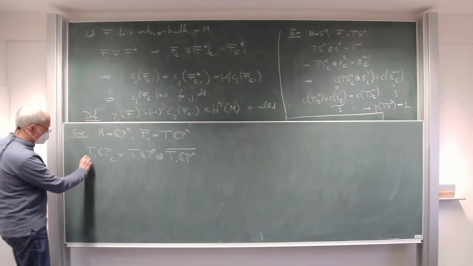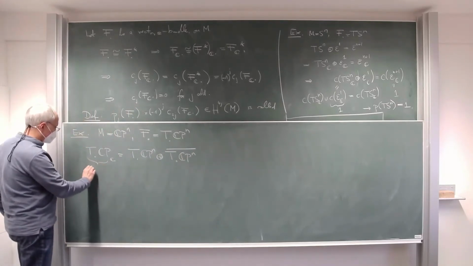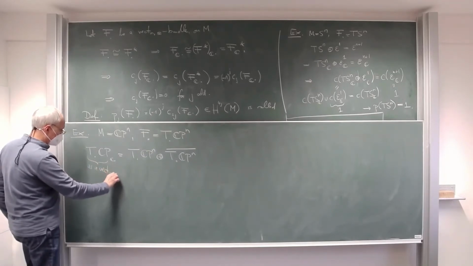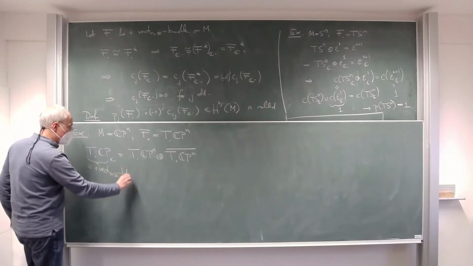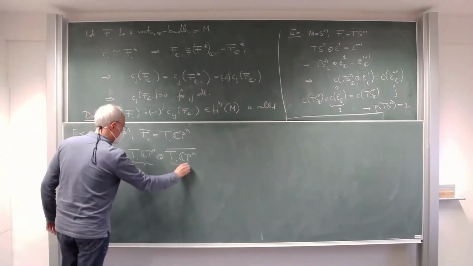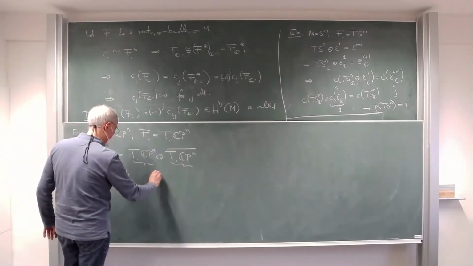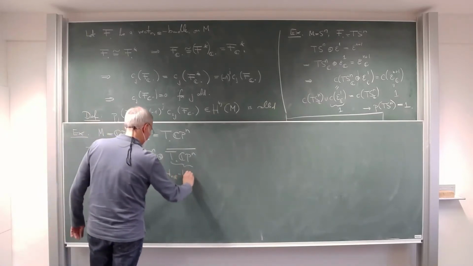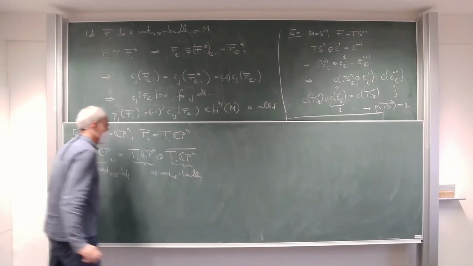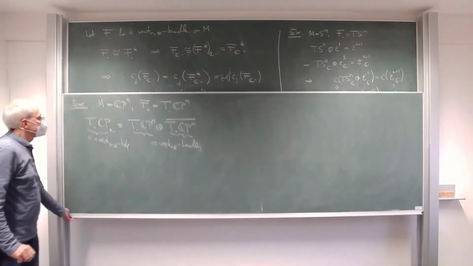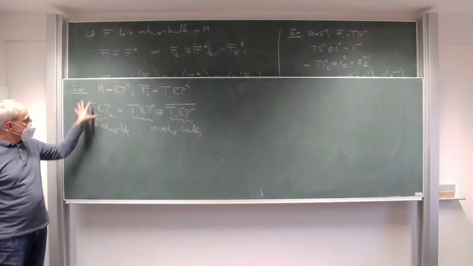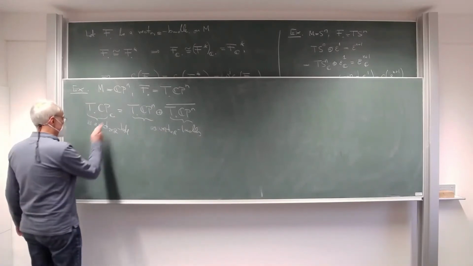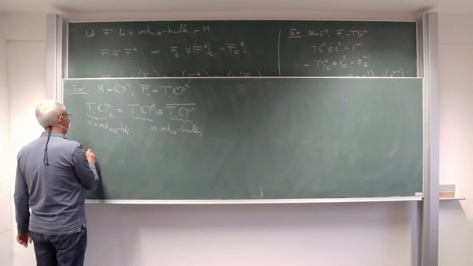So here I consider it as a real 2n bundle, and here these two things are considered as rank n complex bundles. Now, after complexification, this is of course also a complex bundle, a rank 2n complex bundle.